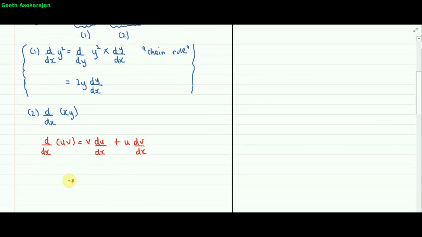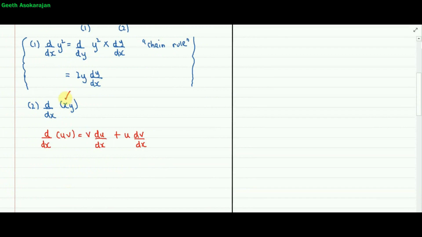So I'm going to take my u to be x, and I'm going to take my v to be y when applying the product rule. So a side calculation: my u I've chosen to be x, so that would make du over dx 1, and v I'm taking to be y, and let's work out dv over dx. So once again, we need to apply the chain rule to differentiate y.